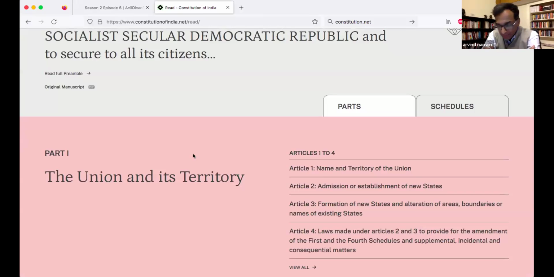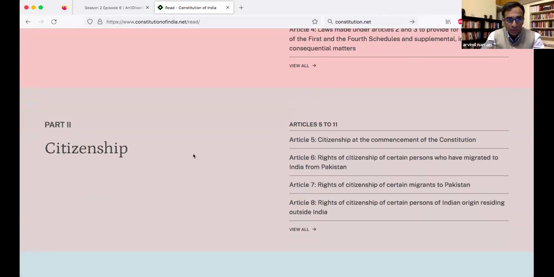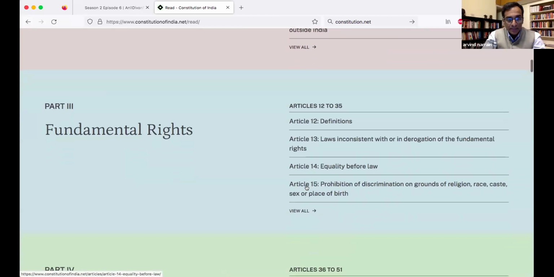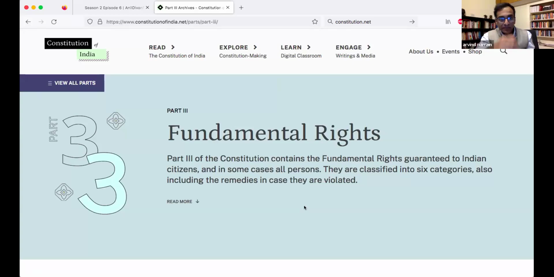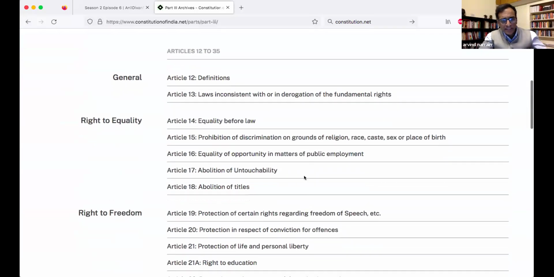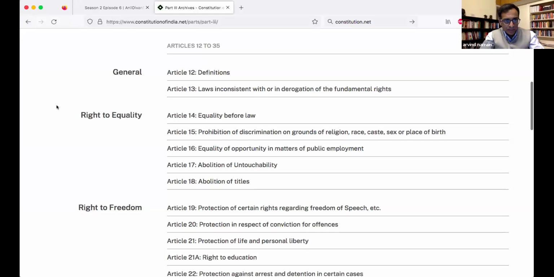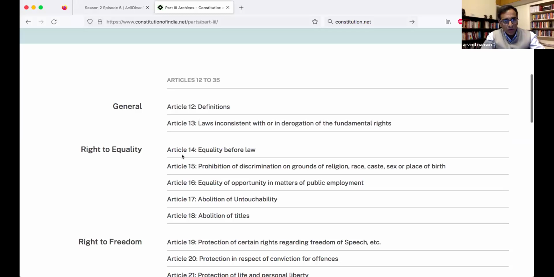So the point which we made is we have to understand the Constitution as a relationship of different parts, as it were. One specific way of reading law is to look at the relationship between different articles. We've looked at equality again. Look at the headings of the fundamental rights chapter. The right to equality: we have to look at the relationship in 14, 15, 16, 17, and 18.